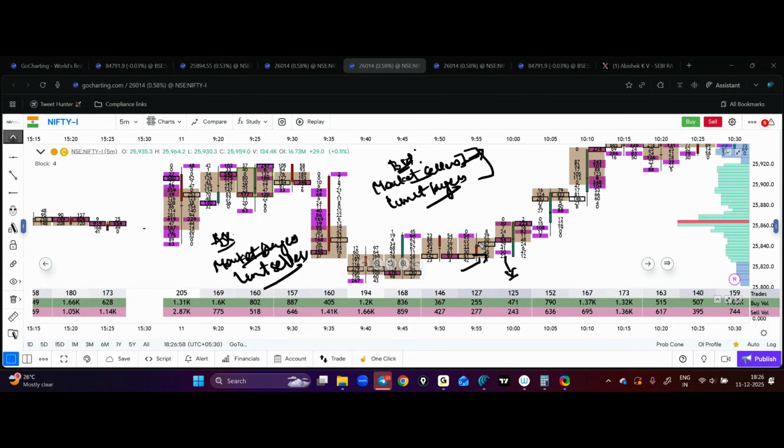Is it just being done by retail traders, or am I seeing large institutional participation through my footprint charts? This is what I look at. So when I look at this bar, my left side, my bid side bar, indicates market selling activity and my limit buying activity.